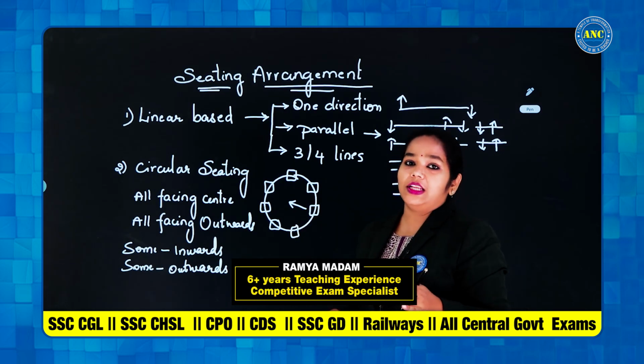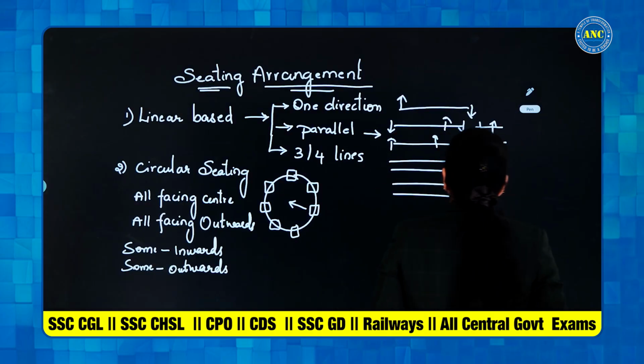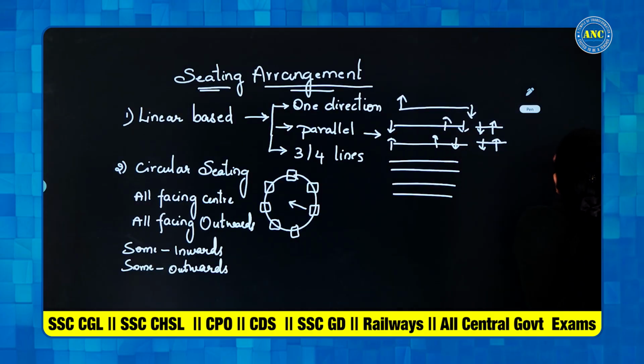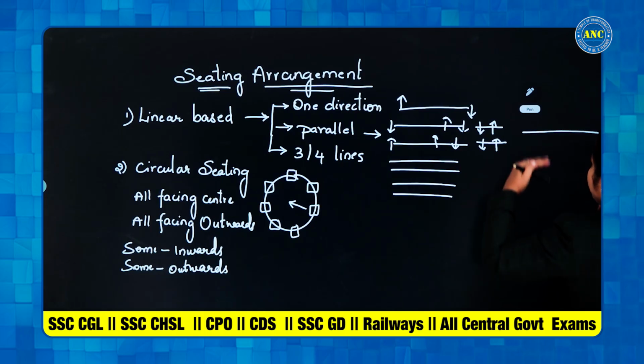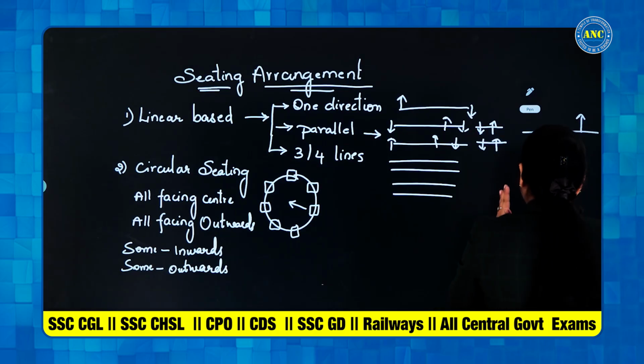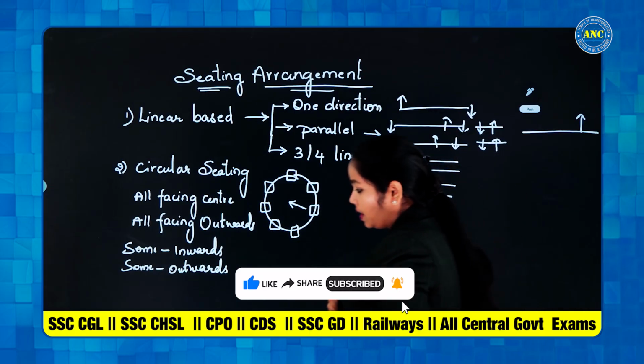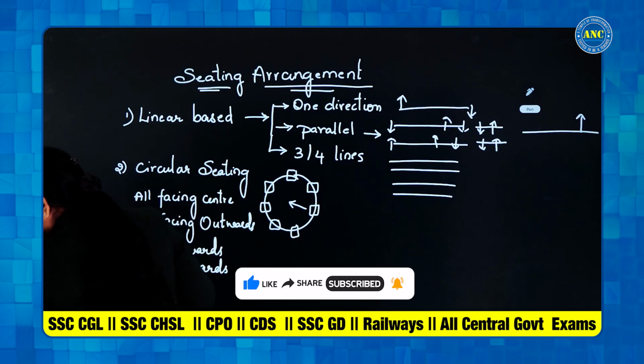When everyone is facing inwards, here I have to clear one more point in linear based. When people are facing north, I am taking that I am facing north direction. Tell me which is my left and which is my right.